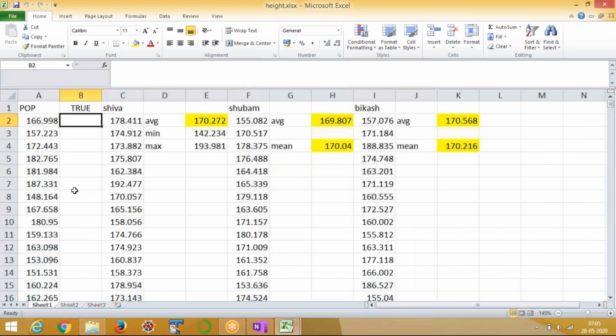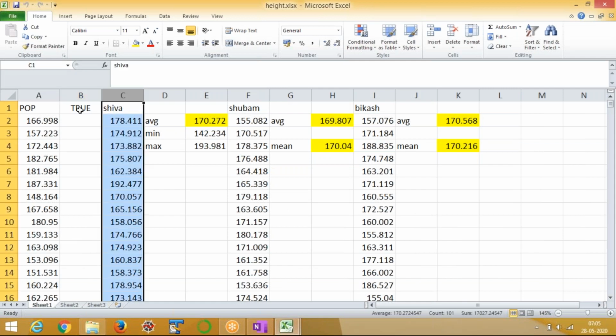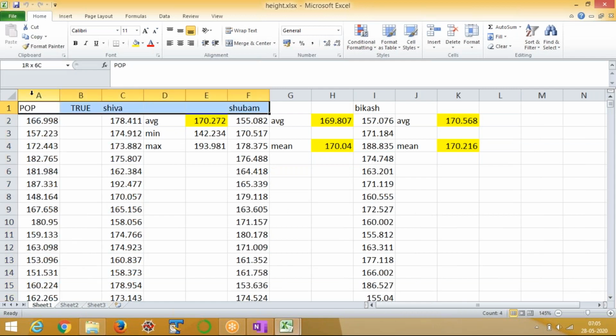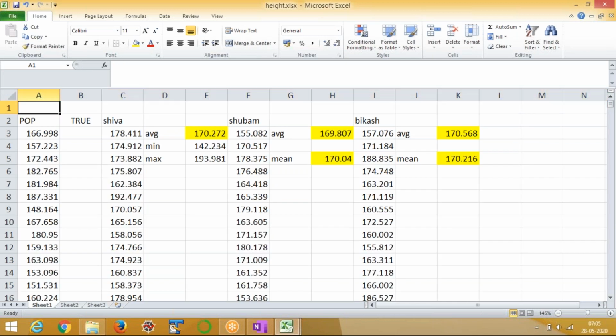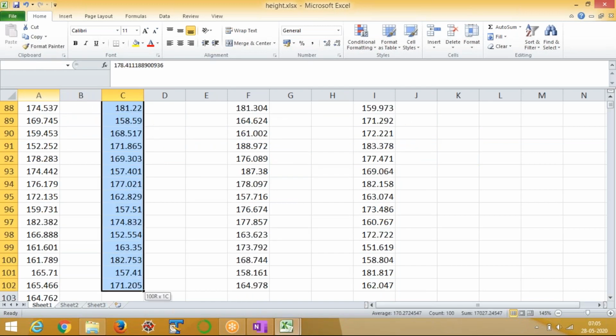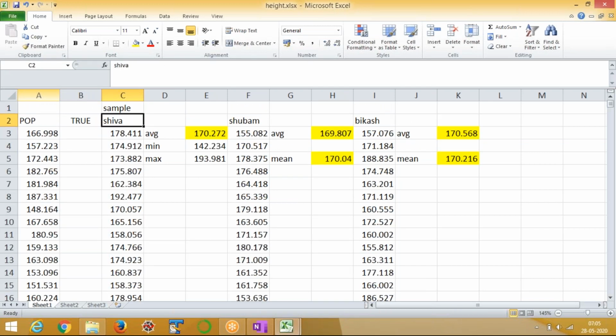Where is my data set? So this is my sample data, and this is the modified population data. Whatever I collected, I gave it a name. I asked for a person's name, but actually this is the height of the people, so I will call it height.